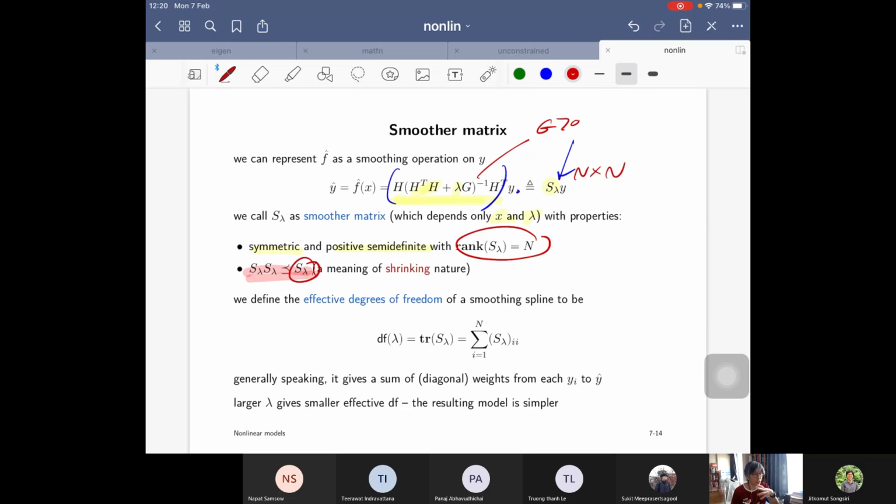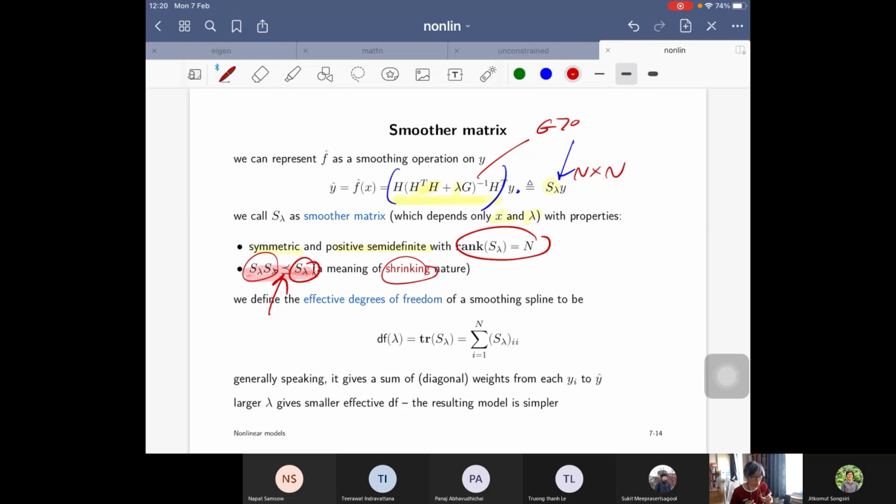The meaning is that this matrix is shrinking. You apply it twice, it's less than the original one in the matrix sense.